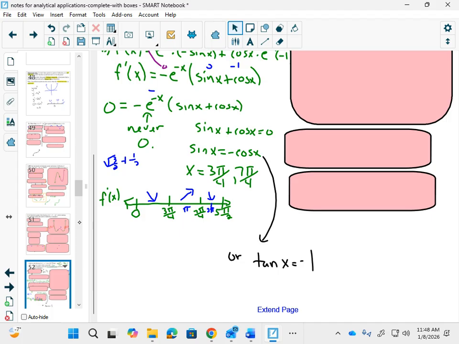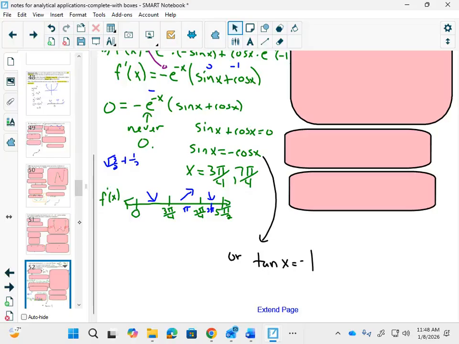And then it might be easier to see your pi over 4 family answers. When is tan x negative 1? Definitely pi over 4. Quadrant 2 and quadrant 4. And again, it would happen over and over again, but it only asked us to find the first 2 stationary points. So we just had to do 3 pi over 4 and 7 pi over 4.